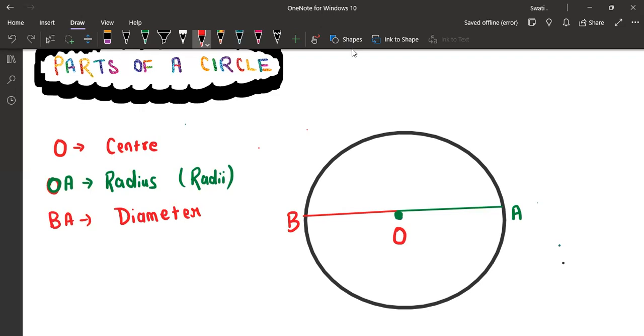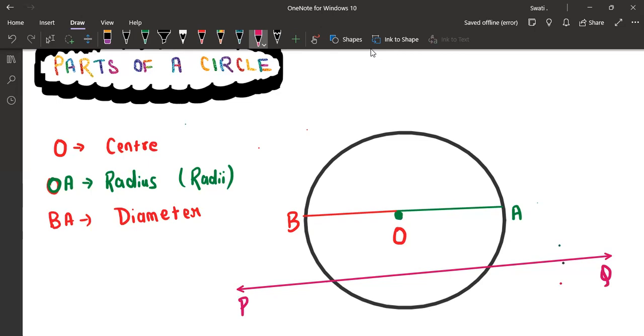Now, let's understand the next term. For that, let me take a line, and I'm going to make it pass through the circle. I'm naming this line PQ.